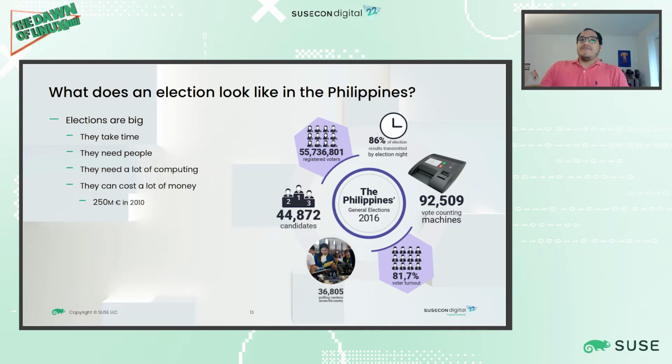Now, the elections in the Philippines are much bigger. To give you a figure, in 2010, 250 million euro was put into the whole election. For the 2016 elections, the number was much different, but still, there were 92,000 machines being deployed.